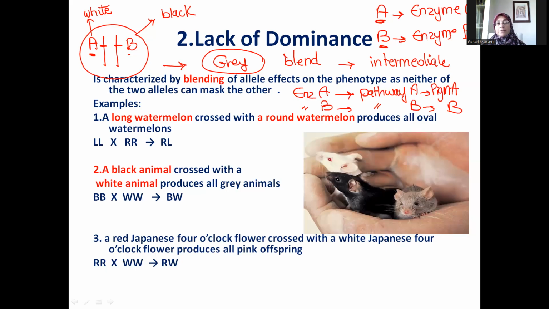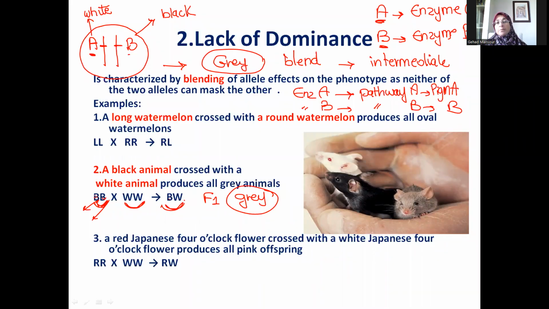We have several examples, like, for example, here, these are the parents, a black parent and a white parent, and the F1 generation will all be B capital, W capital, which is of gray color. Why do we write the two alleles in capital letters? Here, because there is no other choice for us.